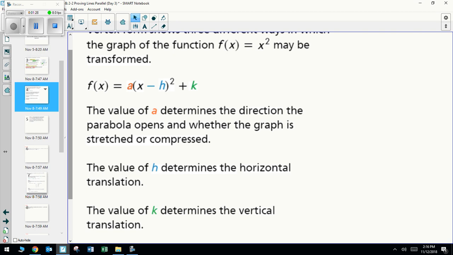And if you multiply it by a number, that determines whether it's stretched or compressed. Right? If you multiply by a fraction, it'll be compressed. If you multiply by a number larger than 1, it's stretched. And then the h value inside the parentheses with x is a horizontal translation, and the value outside, the k, represents the vertical translation, whether it's up or down.